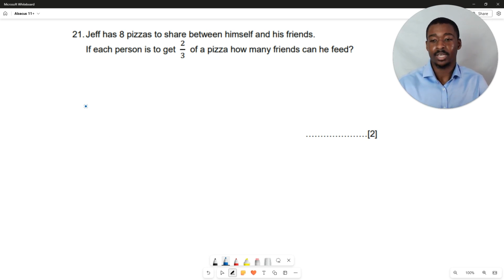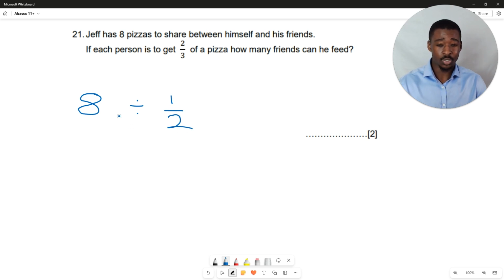But what are we doing there mathematically? If we have 8 pizzas and each person's getting a half of a pizza, we're dividing those 8 pizzas into slices of a half. We're doing 8 divided by a half.